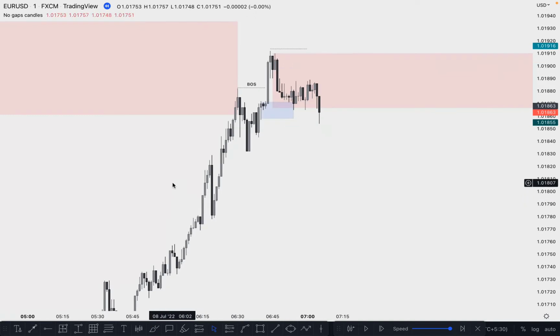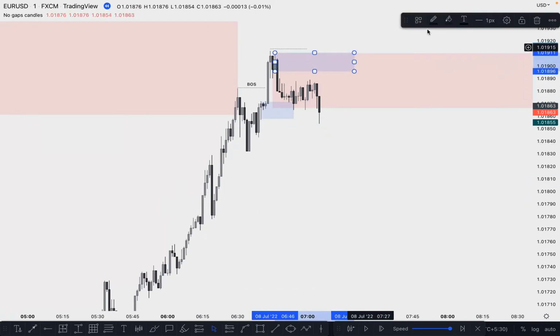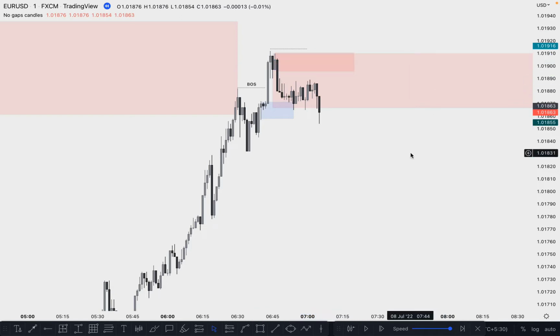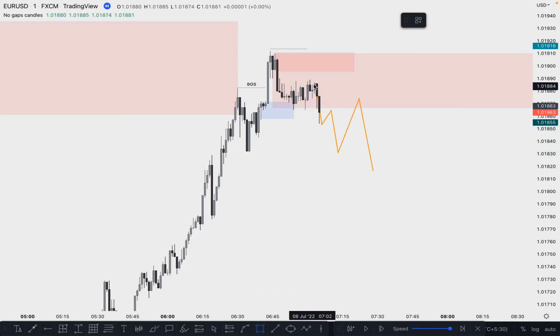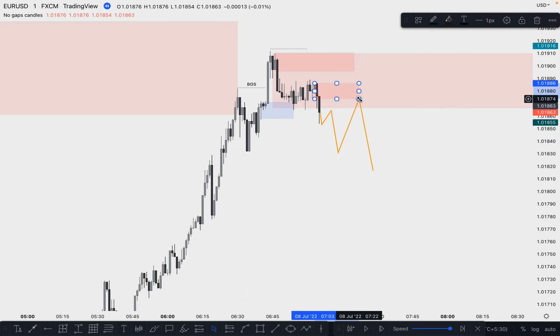In this case the market must tap on the extreme supply, which is here. If the market taps here, then we can sell. And the second type of entry is here: if the market creates structure like this, okay, and creates inducement here, then we can sell here, and this entry becomes our high probability entry also. Why?